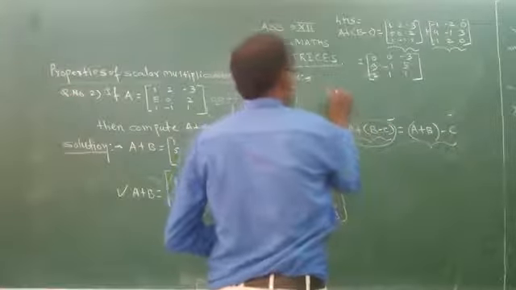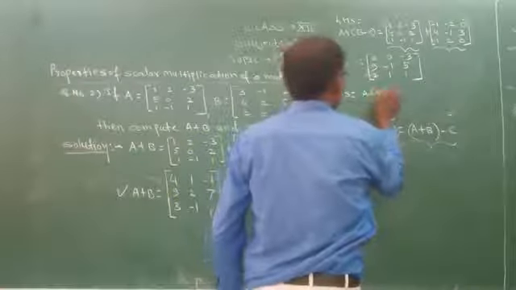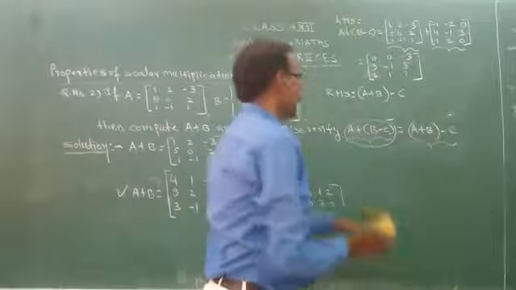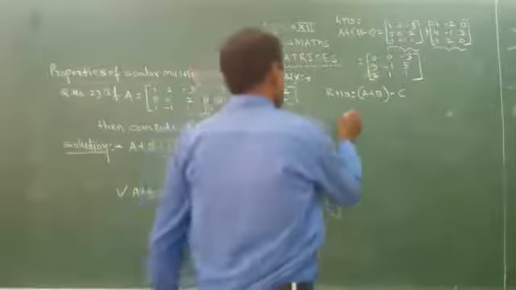Now right hand side, A plus B minus C. Finding the right hand side value, A plus B minus C. That is equal to, what is A plus B?